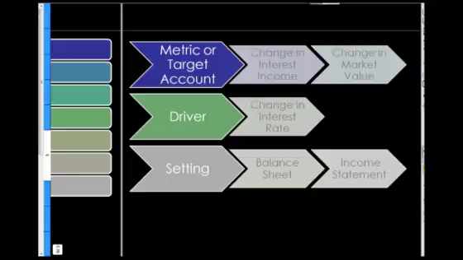So if I were to slightly formalize this, what I'm basically saying is that my target metric is something that determines the change in interest income for the bank and the change in shareholder value.